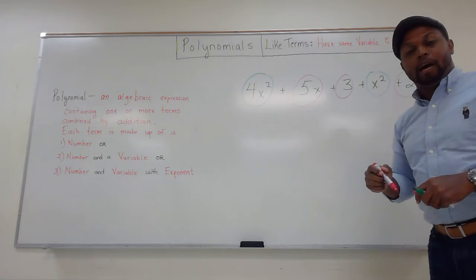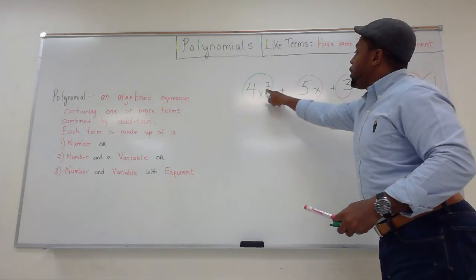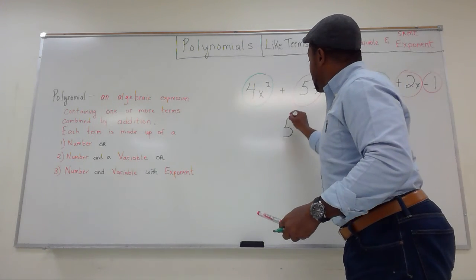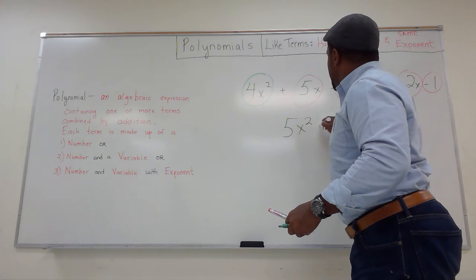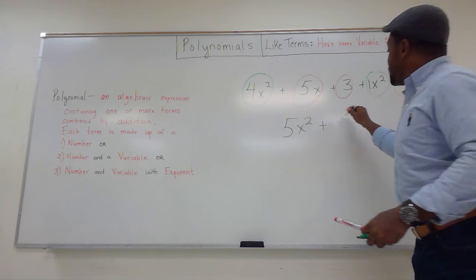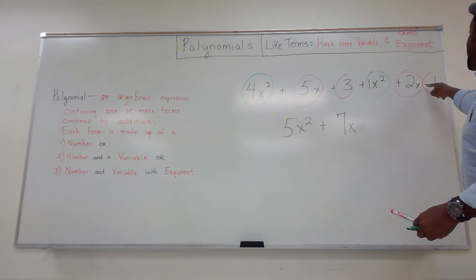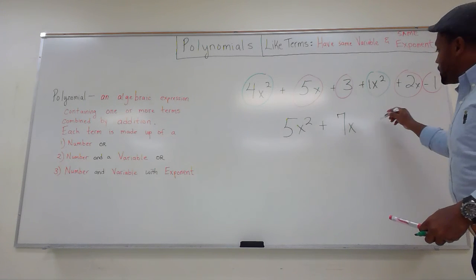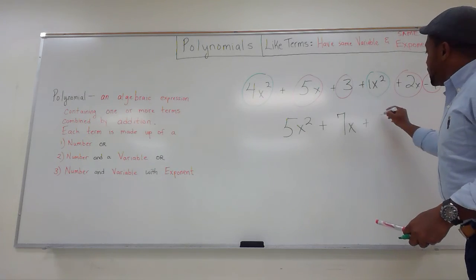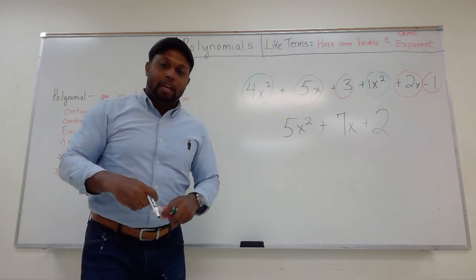And we just have to combine like terms, which would give us the same answer as we had before. 4x squared plus, remember this is 1x squared, would give me 5x squared. 5x, find the other like term, 2x, 5 plus 2 is 7, and then we have a positive 3 and a negative 1, 3 plus a negative 1, or 3 minus 1, would give us 2. The same all the way around. It just can be written out differently.